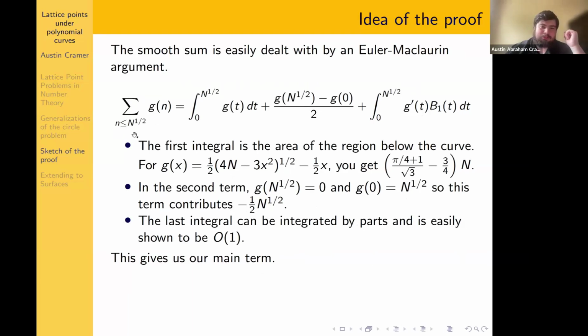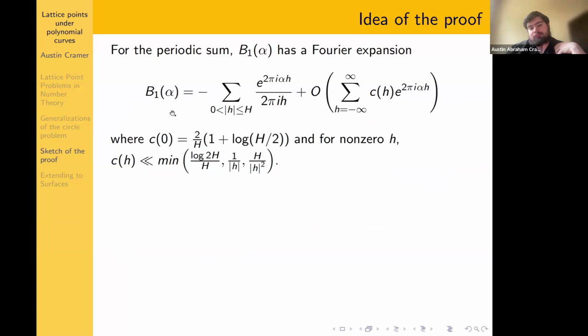Okay, so this smooth sum gives us our main term, and so now all we need to deal with is the periodic sum. B1 has a nice, well understood, nicely behaved Fourier expansion that we can truncate at some point with an error term, and then all these coefficients we have nice bounds for.